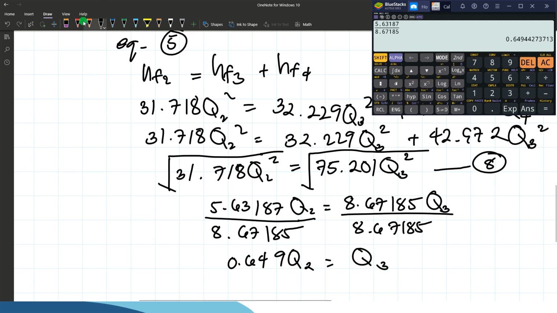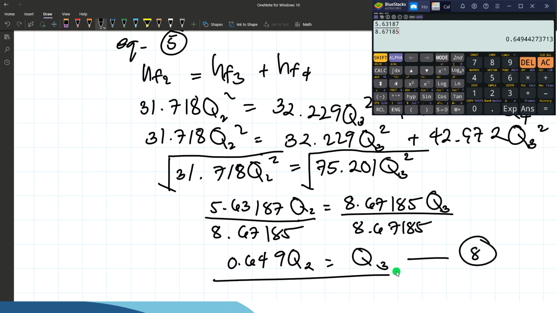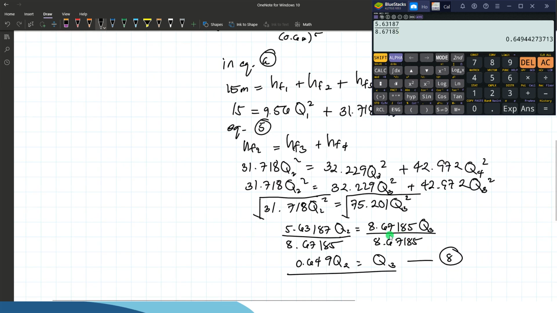Okay, this is your equation number 8. It's much simpler.